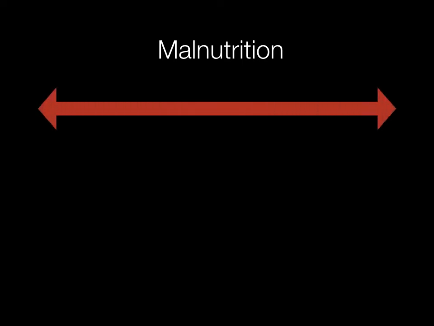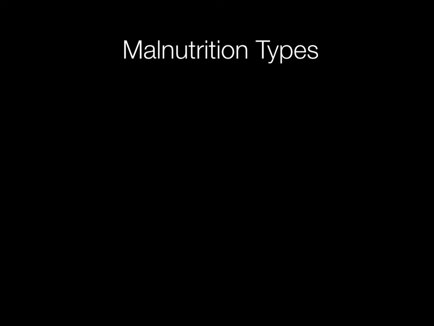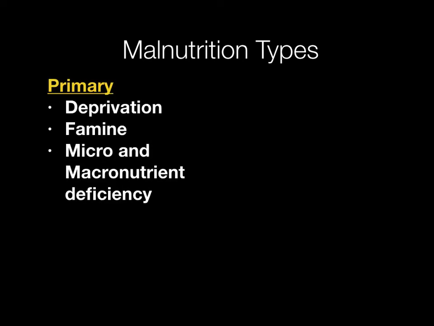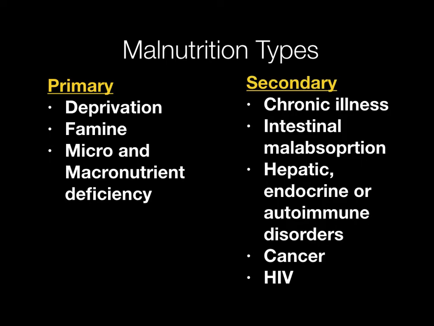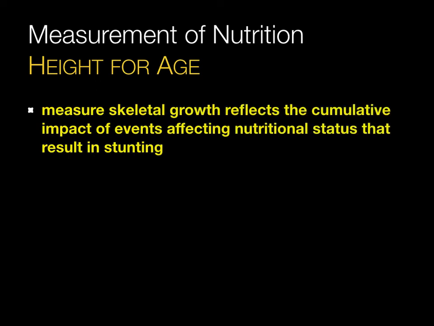Malnutrition is a spectrum. The left end is undernutrition and the right end is obesity or overweight. Malnutrition types can be primary or secondary. The height for age measures skeletal growth, reflecting the cumulative impact of events affecting nutritional status that results in stunting.